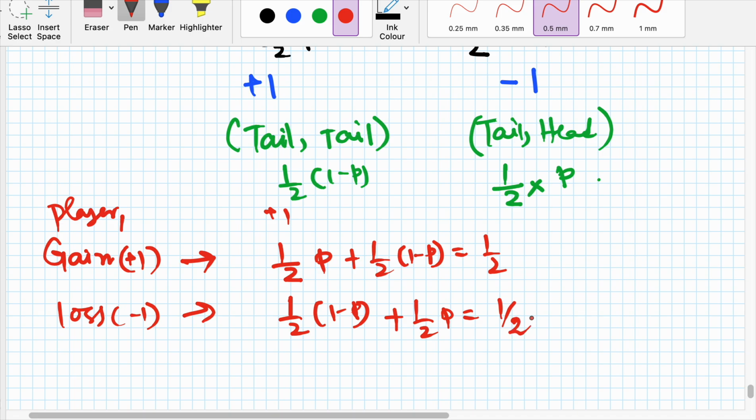So you see the outcome of player 1, getting plus 1 or minus 1, does not depend on p.